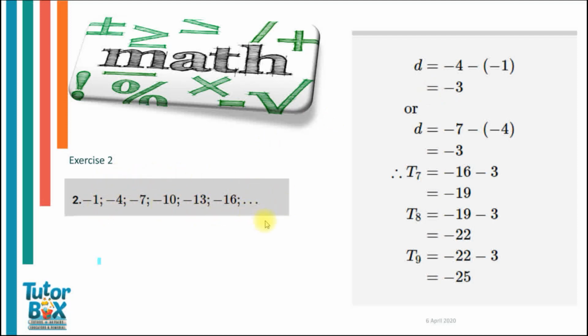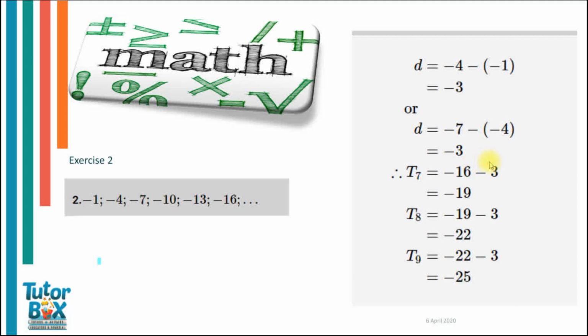To get any term, we're just going to add our -3. Let's count: this is term 1, this is 2, 3, 4, 5, this is 6. They asked us to get 7, 8, and 9, just like the previous example. At 6, we're at -16. We want to go to the 7th term, so we add our -3.